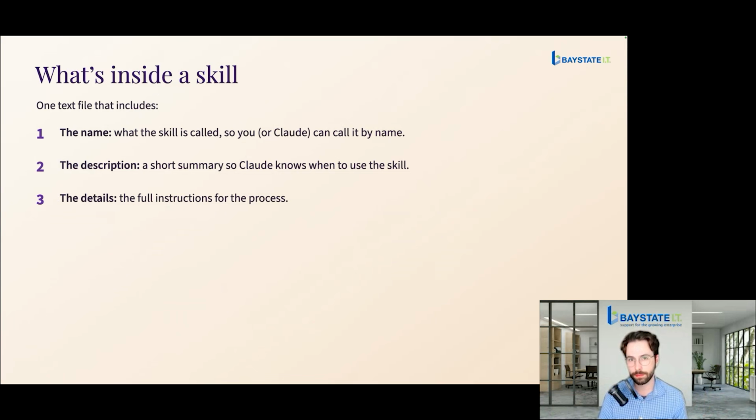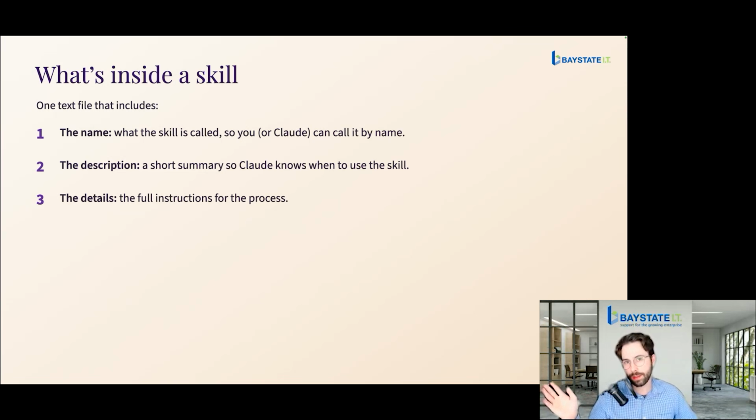Inside the skill, it's a name. Say we're going to be doing a live demo later. The skill that we're going to be building is a meeting summarizer. So the name could be meeting summarizer. The description, it's literally just what it does. And then everything else is the skill. Inside of skills, there can be other files attached, like templates, like little scripts and things like that.